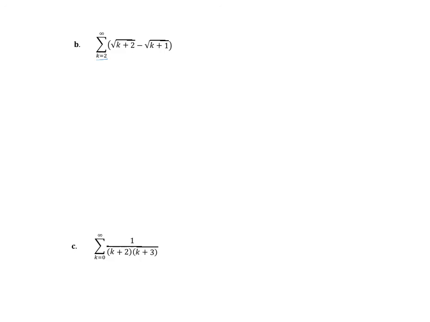So to figure out the first n terms, maybe I want to switch this so that I start with k is equal to 1. So you can do that. If I subtract 1 from my starting k value, I'm going to add 1 to the k value underneath the radical.